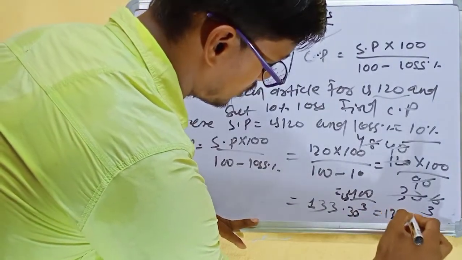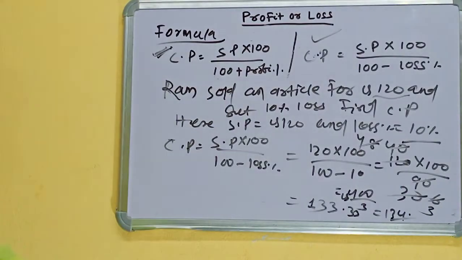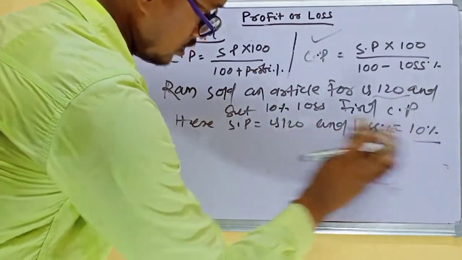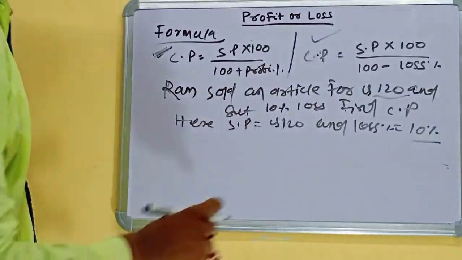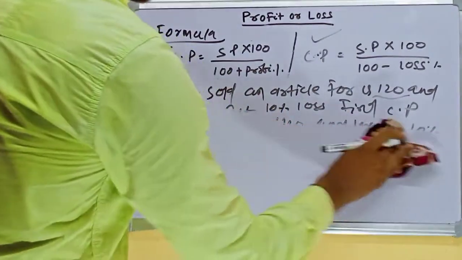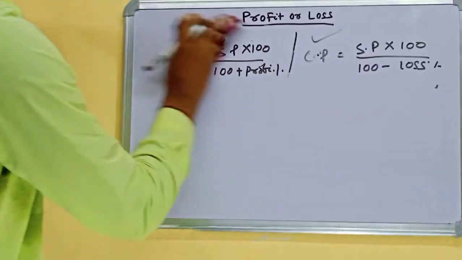Here it is the problem where loss percentage and SP are given, and we find out the CP.